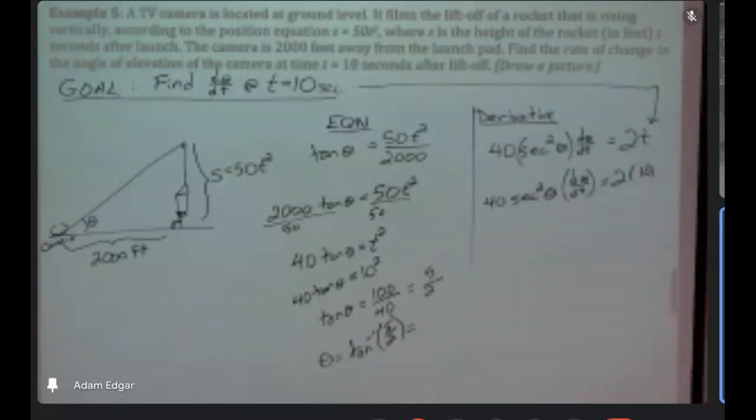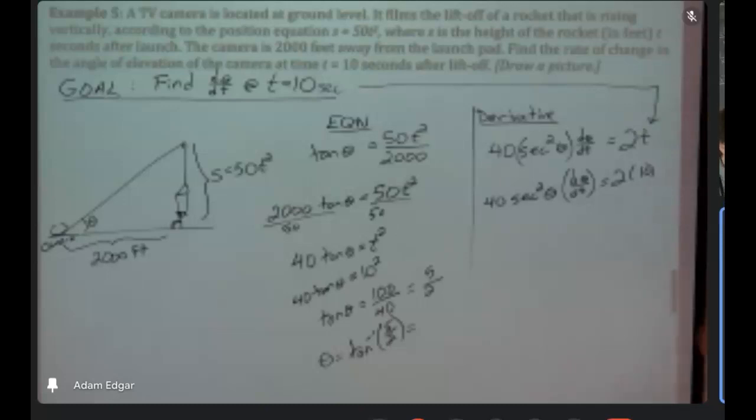And does it matter if we're in radians or degrees here? Probably not, but let's do it in degrees. No, let's do radians. Because when you go to solve for d theta dt, that's going to be in radians anyway. So let's just put ourselves in radians so that when we get here, it makes sense to us why we're in radians per second. Theta can be in either radians or degrees.